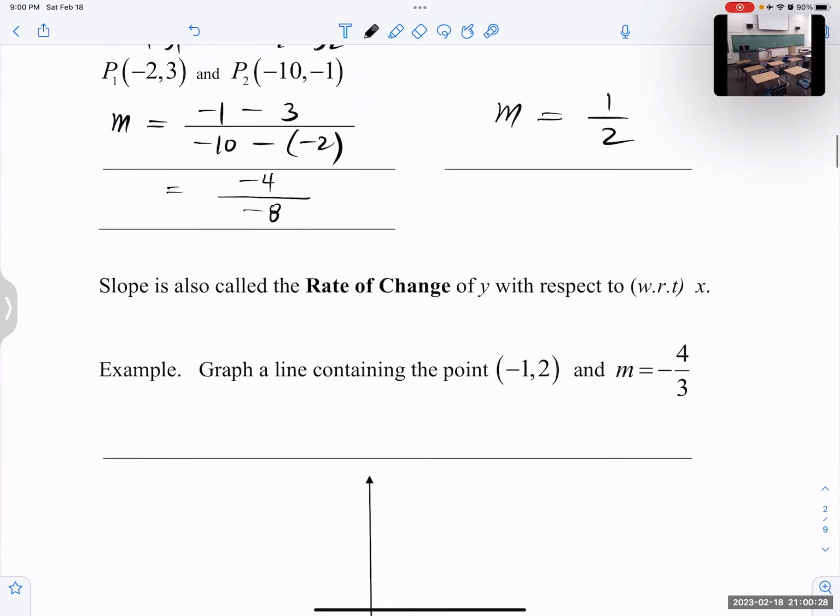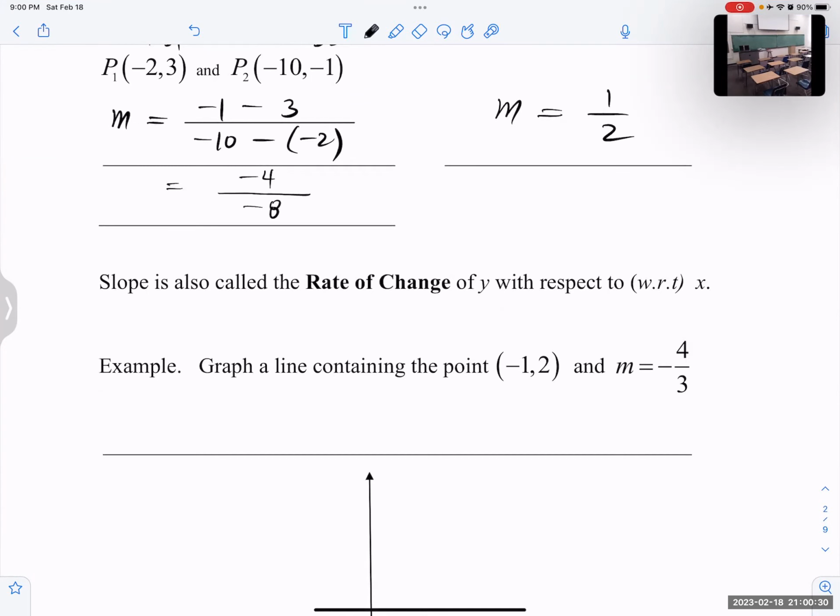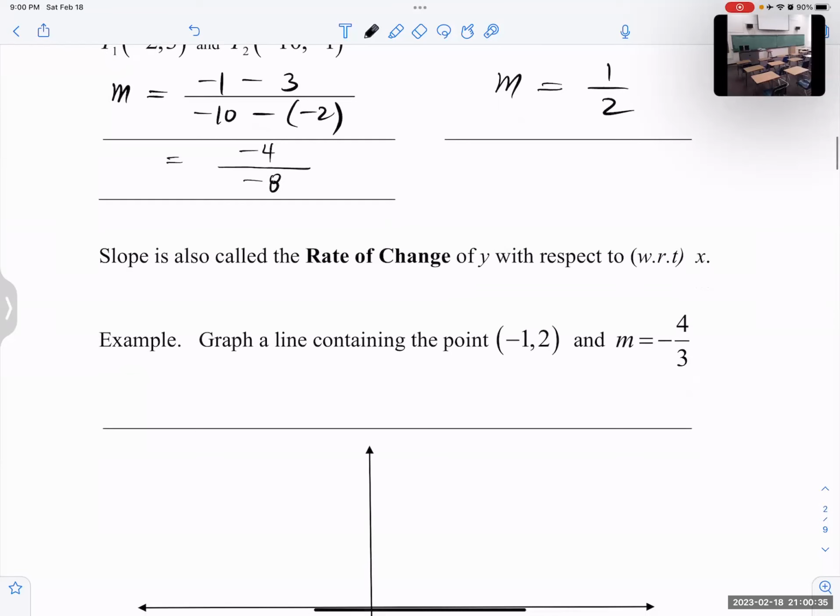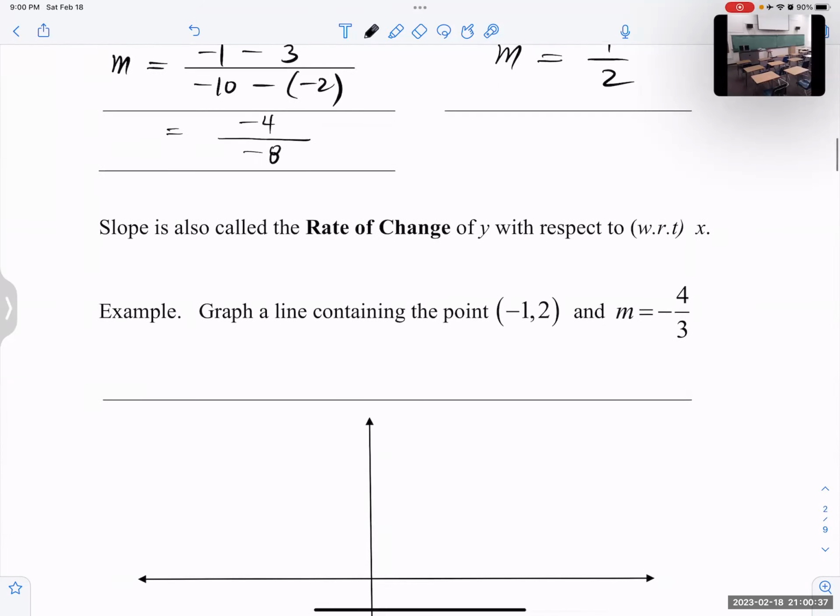Next example, graph a line containing the point -1, 2 with a slope of -4/3. So let's write the opposite of 4/3 as -4 divided by +3, which is also the same as +4 divided by -3.